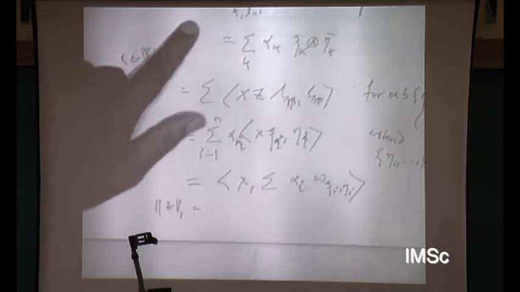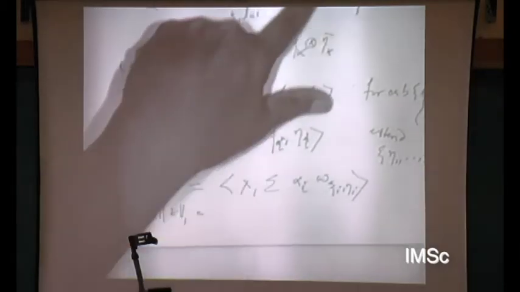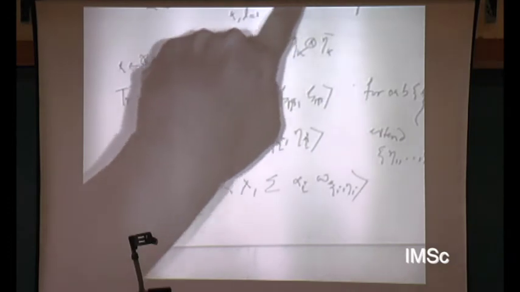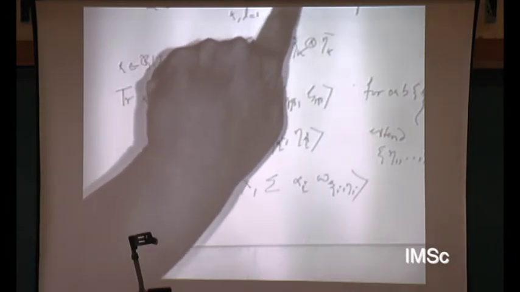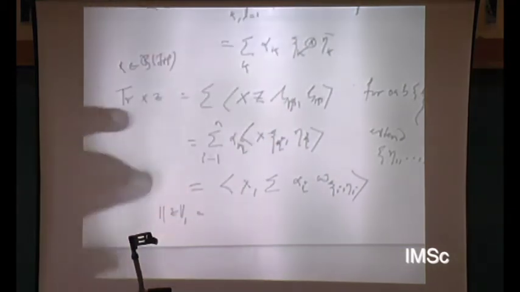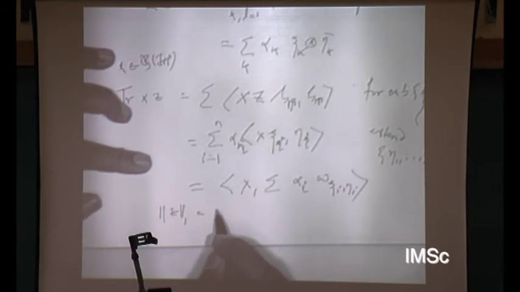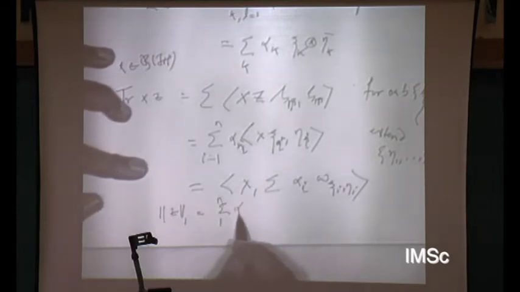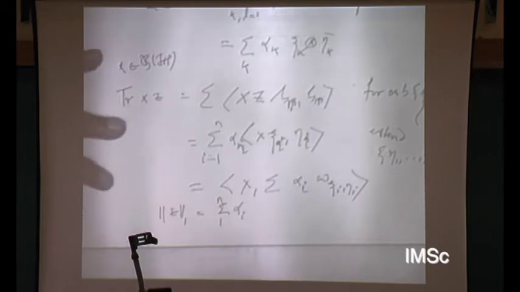So you were saying mod z was this, and what was the trace of mod z? It is just going to be the sum of the alphas. Right?